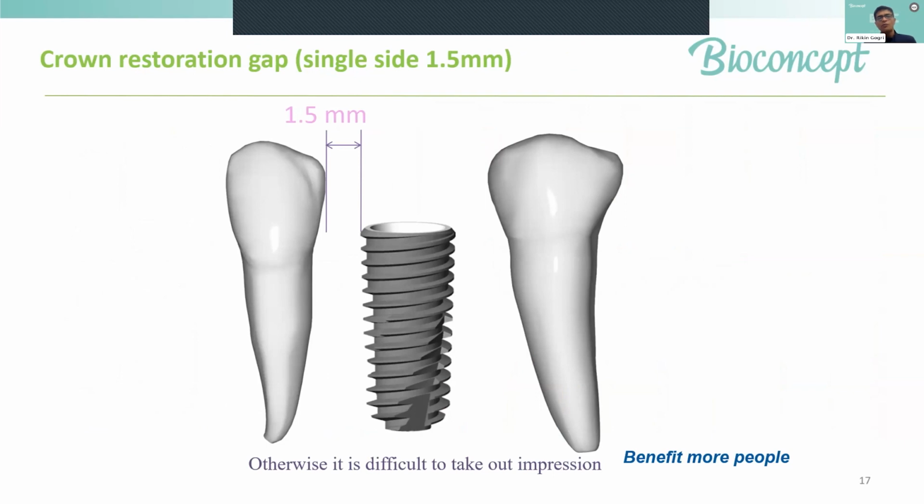But mainly, this is how you will decide: if you have a single missing tooth, then you need to keep a minimum distance between the natural tooth adjacent surface and the implant edge of 1.5 mm, and that is applicable on either side. So naturally you have to have a minimum of 3 millimeters plus the 4.0, so 7 millimeters interdental distance between two adjacent teeth.